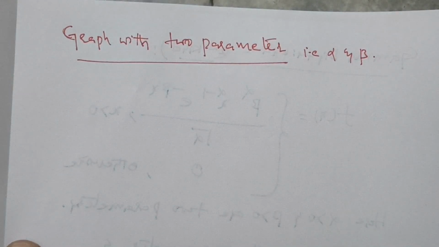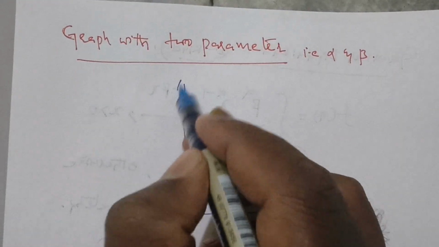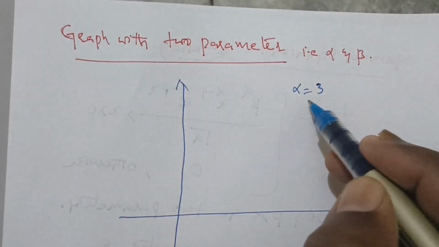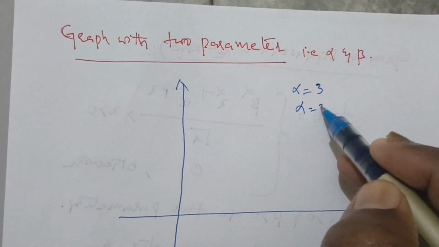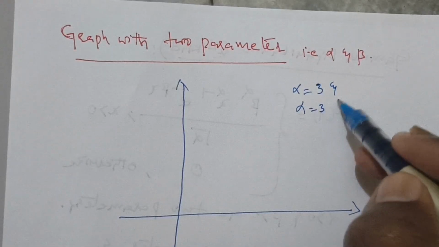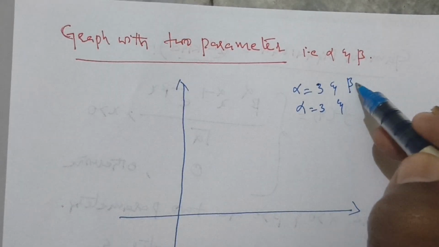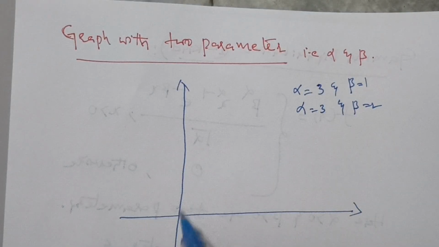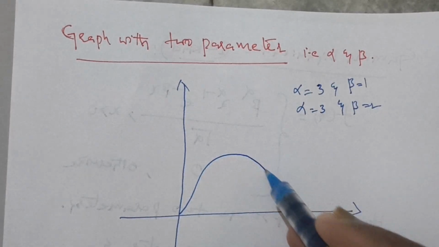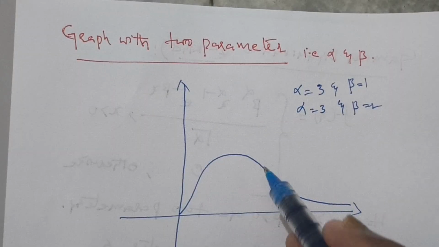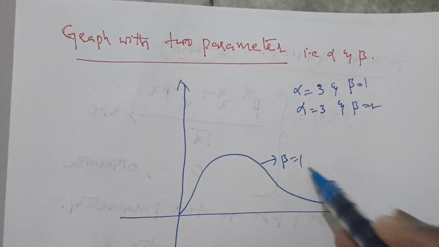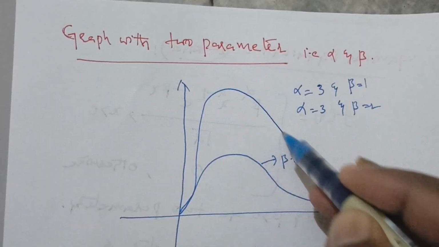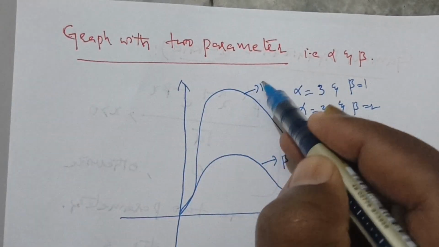Now look at the graph here, the gamma function of the second kind. This graph generally involves two parameters, alpha and beta. If we fix the first parameter alpha as constant and change the second parameter beta here. Suppose we fix alpha at 3 and beta varies, beta equals 1, beta equals 2 and so on. If beta equals 1, the graph may be like this, and if beta equals 2, the graph may be like this.